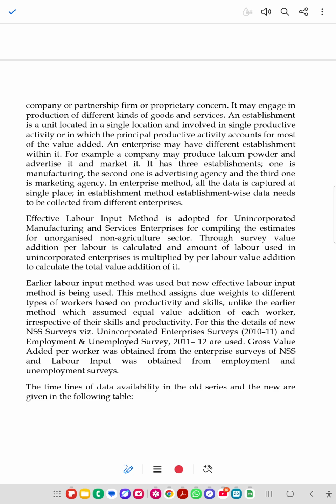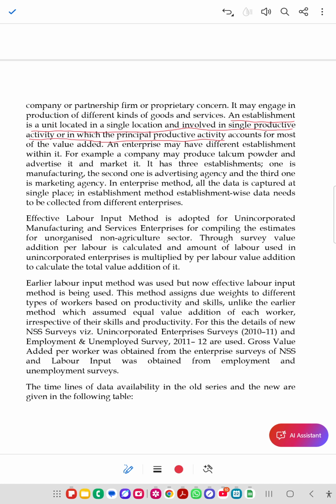An establishment is a unit located in a single location and involved in a single productive activity, or in which the principal productive activity accounts for most of the value added. An enterprise may have different establishments within it.